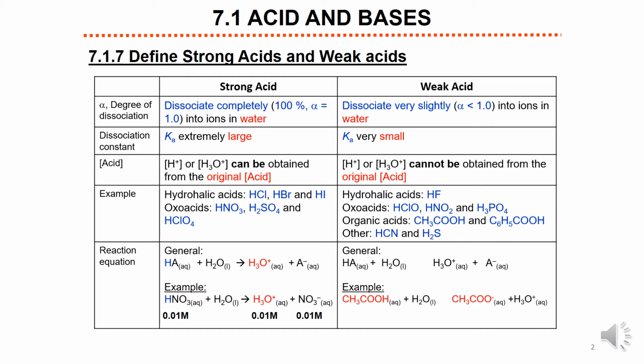For a weak acid, example, we have acetic acid, which dissociates partially, producing acetate ion and hydronium ion. The concentration of hydronium ion cannot be obtained directly from the concentration of acetic acid.